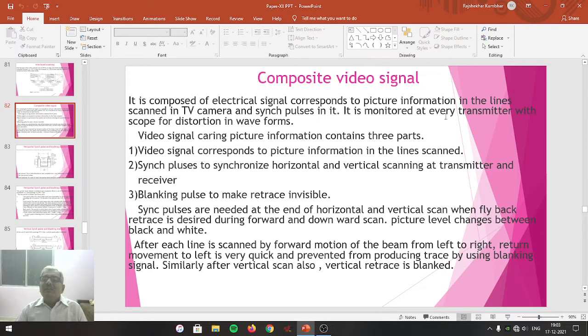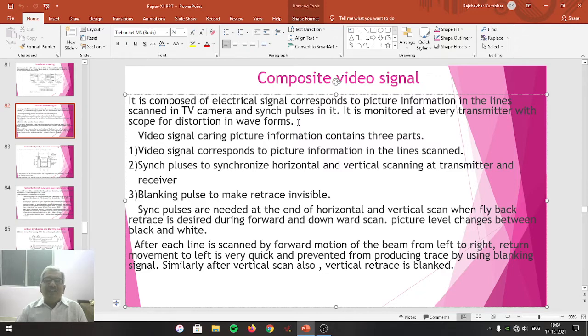It is monitored at every transmitter with the scope for distortion in the waveforms. It means in every transmission center, maybe a low power or high power transmission center, the quality of the picture is controlled by observing the composite video signal pattern on the oscilloscope.